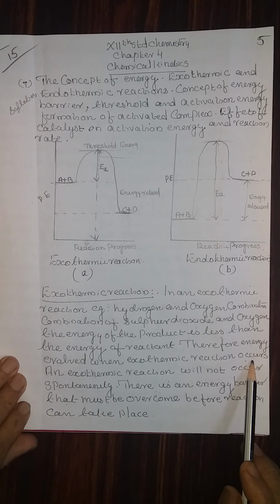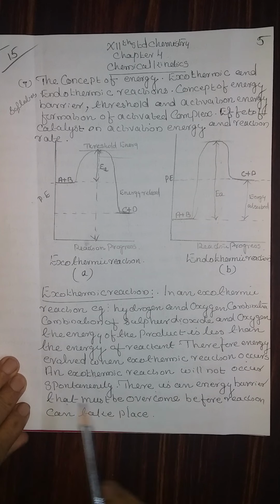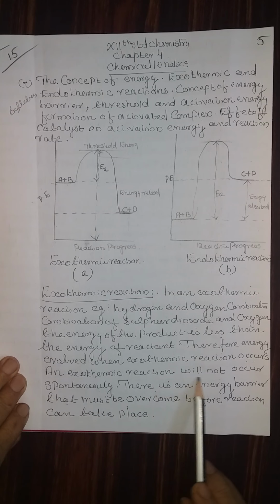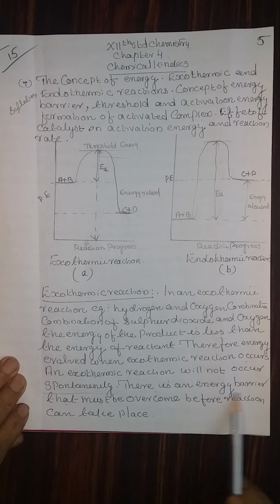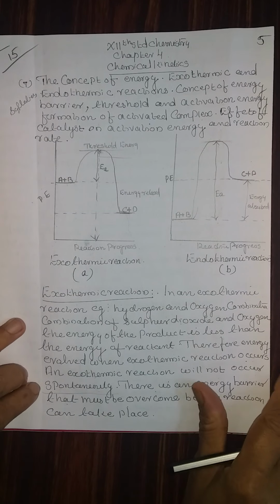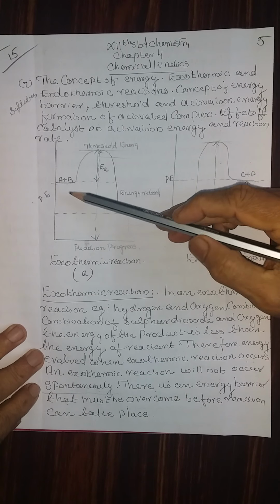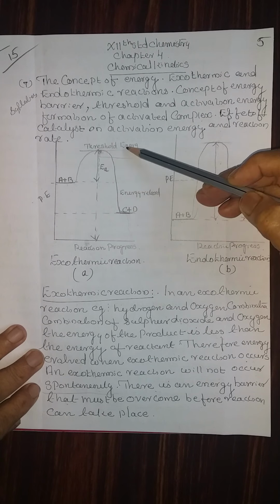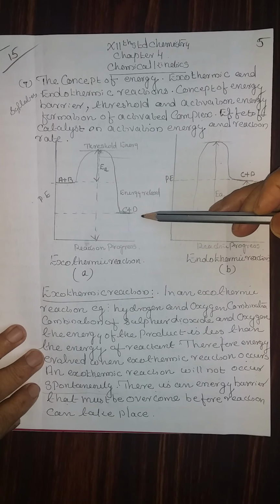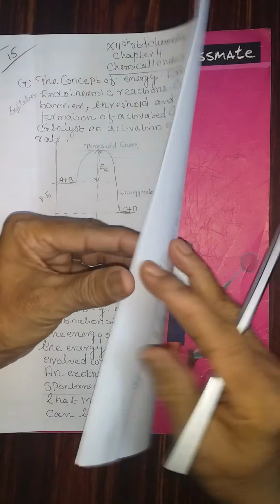That is the reason why the energy is released. An exothermic reaction will not occur spontaneously. There is an energy barrier that must be overcome before the reaction takes place. That means the reactant must reach this stage, that is the threshold energy, then only it can be converted into the product.